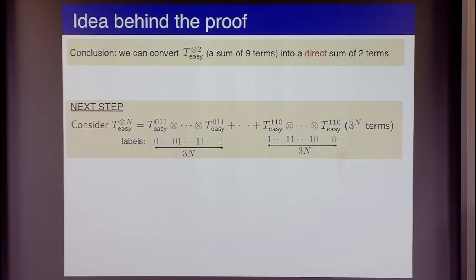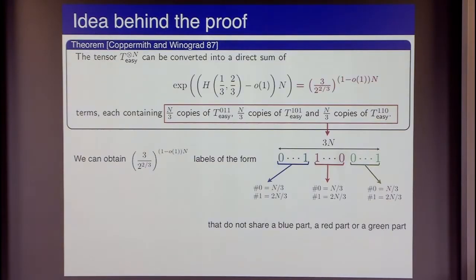And this theorem states that we can obtain from this sum of 3 to the n terms this number of labels that do not share a blue part, a red part, or a green part. And moreover, the labels will all have this form. So the blue part will consist of n over 3 zeros and 2n over 3 ones, and the same for the red label and the green label.